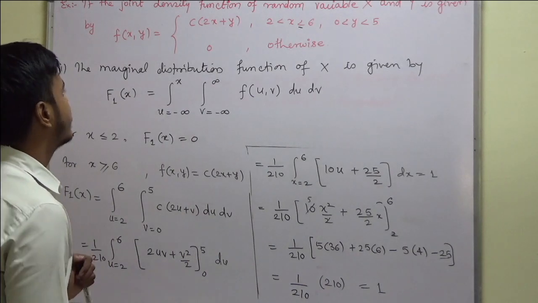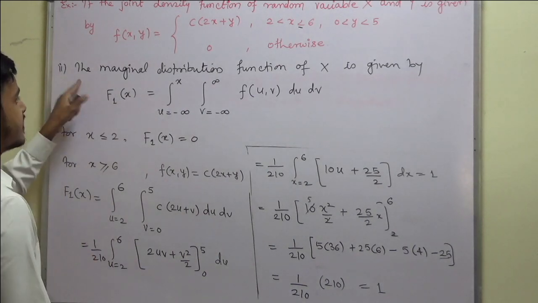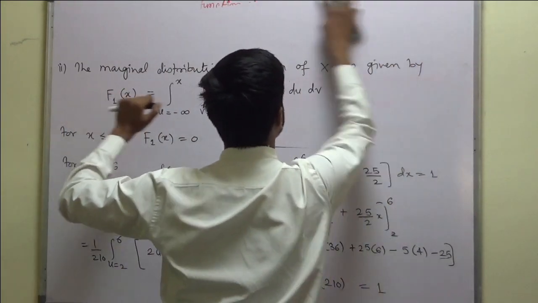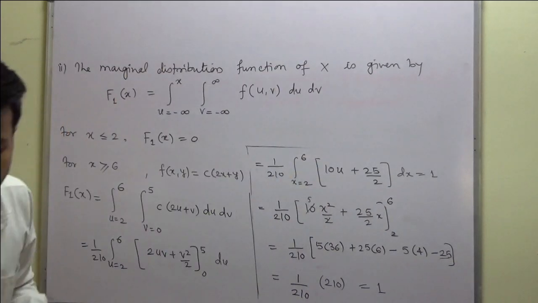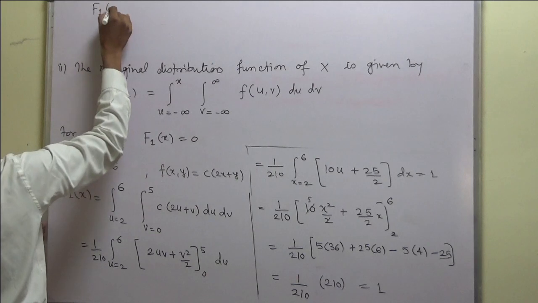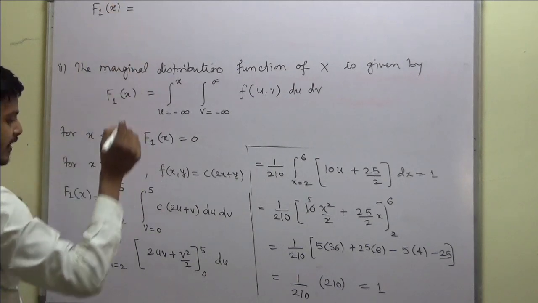Now you can write down the marginal distribution function of x, which we denote by capital F1 of x.